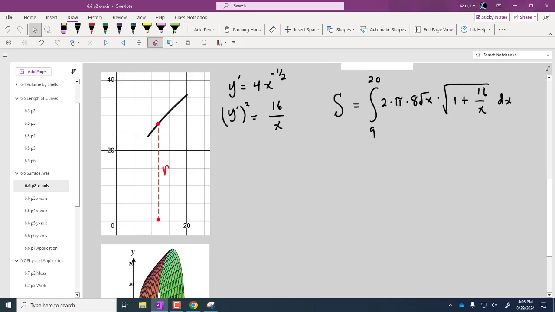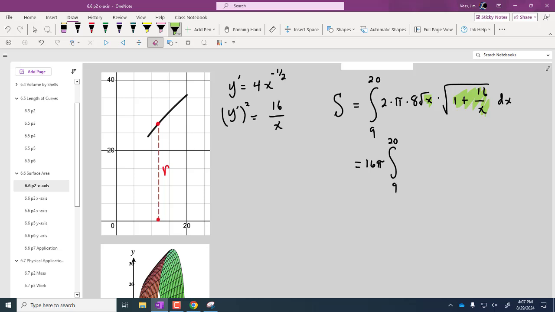That's a pretty nasty looking integrand. Hopefully it gets better fast. Constants all to the front. So it looks like we're going to have a 16 pi out in front. And do you see 2 square roots? What we know with square roots is that 2 square roots combine into 1 by multiplying the insides together.